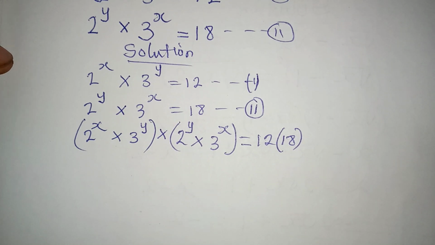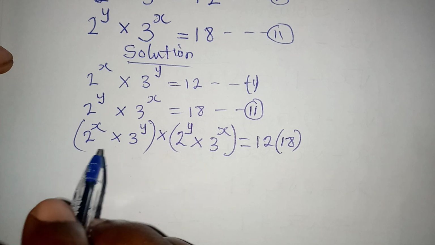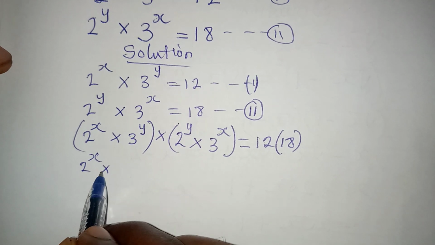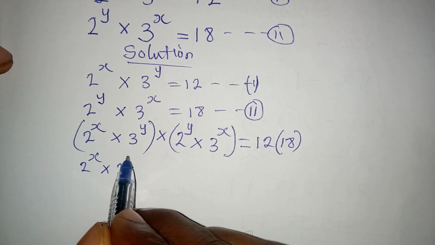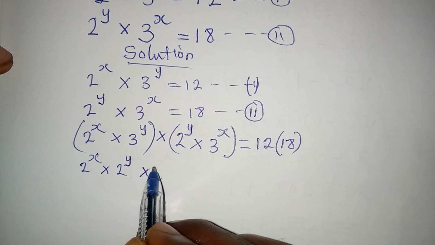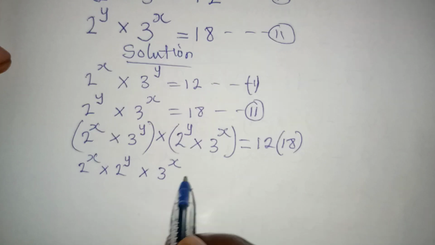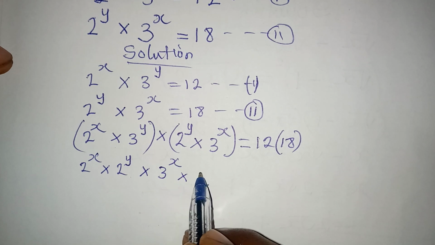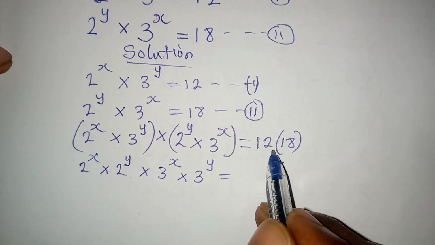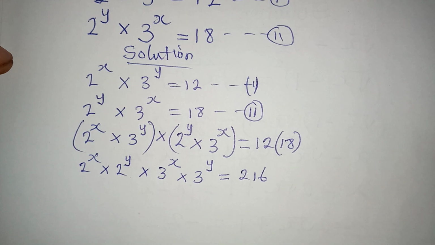From here, I can regroup what we have so that I will have 2 to the power of x multiplied by 2 to the power of y, and then multiply by 3 to the power of x multiplied by 3 to the power of y, equal to 12 times 18, which is 216.